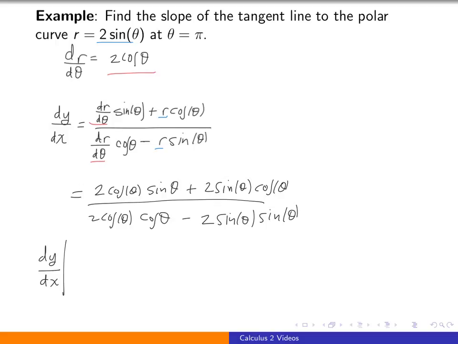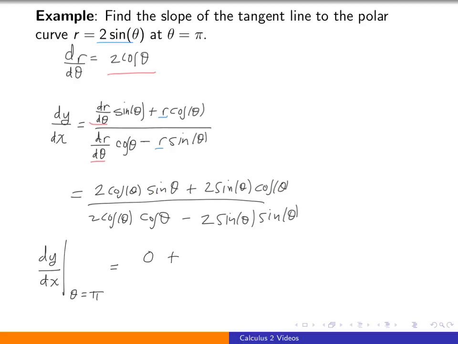What we want to know is not necessarily what dy dx is, but what this is when we plug in theta equals pi. So for each of the thetas that we see, four in the top, four in the bottom, we need to plug in pi. Recall, cosine of pi is -1, and sine of pi is 0. So any term involving a sine of theta when you plug in pi will be 0.